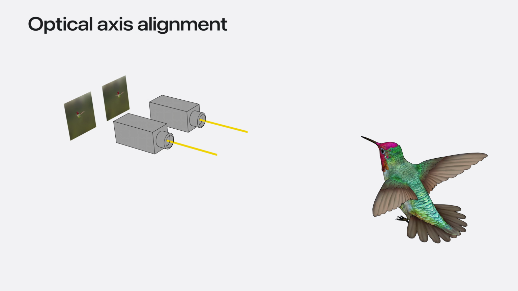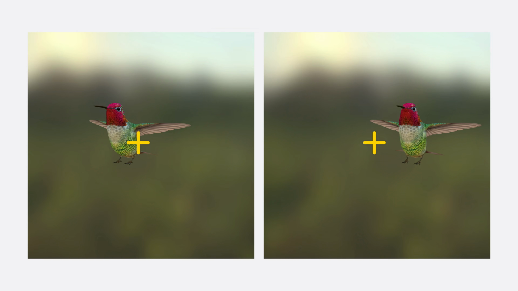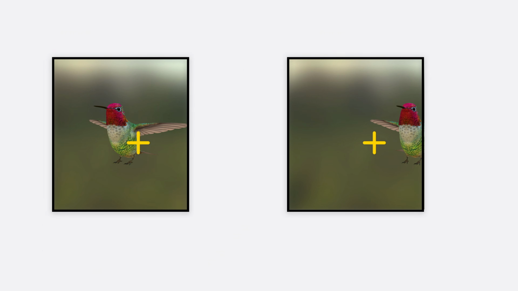Next, let's make sure that the image centers are aligned with the optical centers. This means that the center pixel of each image is aligned with the optical axis. This is true by default for pinhole cameras, but there's a few subtle ways we can accidentally break this alignment. To see, let's take a closer look at our images. Here's our stereo image pair with an image center that's aligned with the optical axes, but if we crop the images, the center pixel will change.